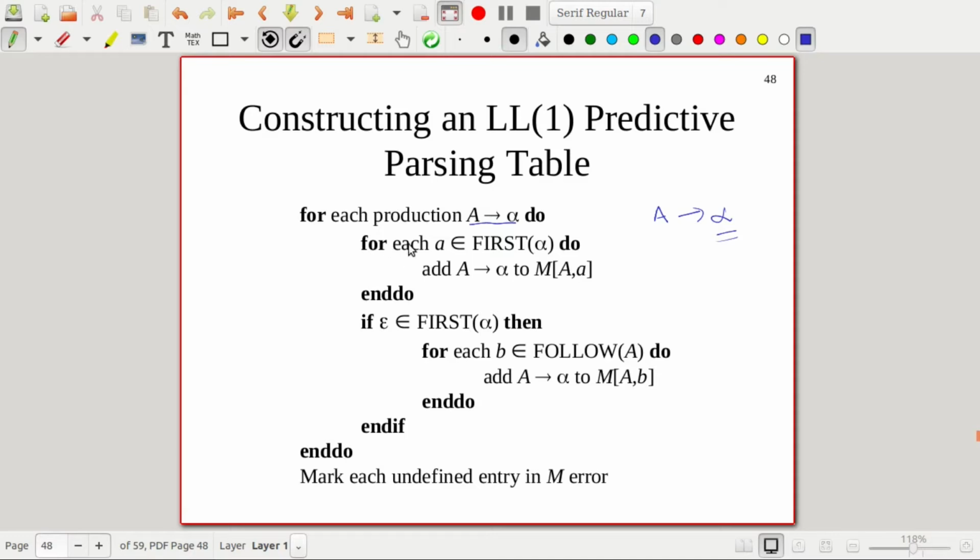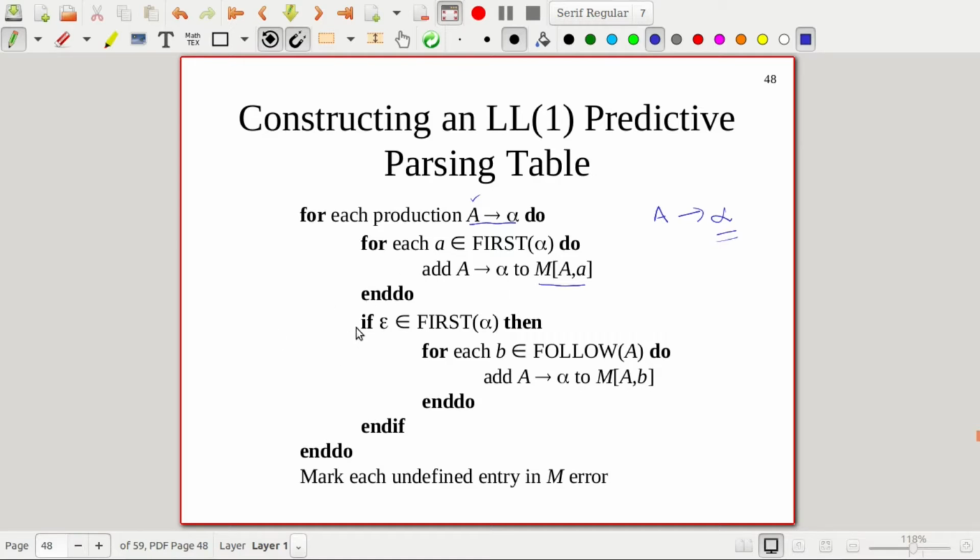Then for each a present within the first of alpha, we will add this production to M indexed with A comma a, where A is the non-terminal and a is the terminal present within the first of alpha.